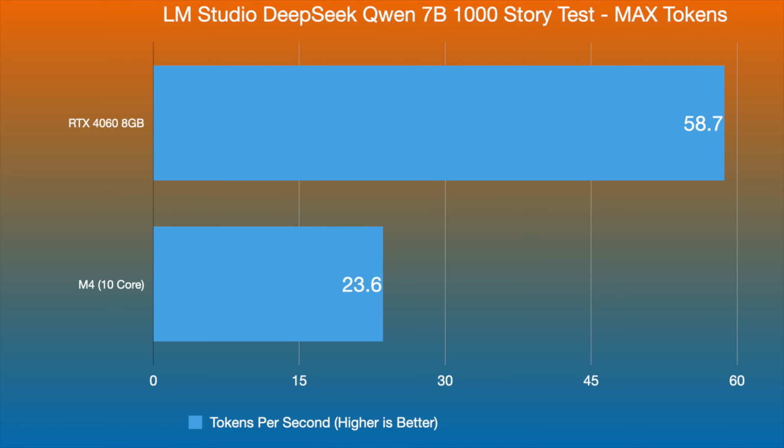Well, as you can see here, with no surprises, the RTX 4060 leaped way out in front. We got 58.7 tokens per second compared to 23.6. We are talking over double the amount of tokens, and obviously this was far quicker to create the story with the RTX 4060. So this is super impressive to see.